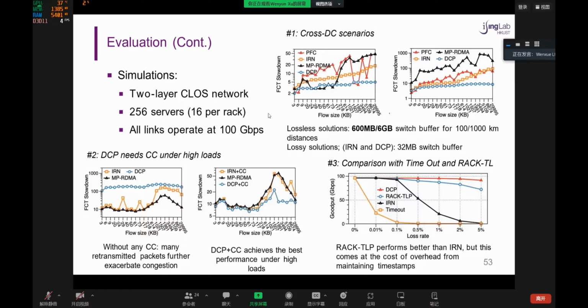Yes, the lossless solution has to maintain a very large headroom to keep the in-flight packets between the last hop and this device lossless, because the lossless solution relies on PFC to ensure no packet loss.